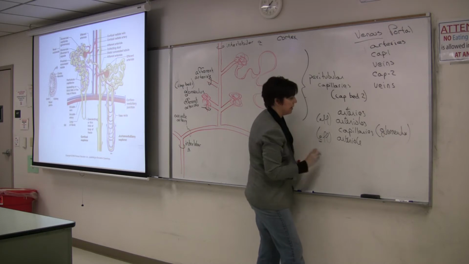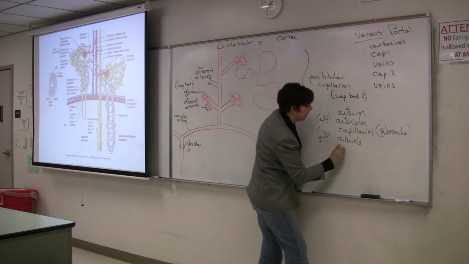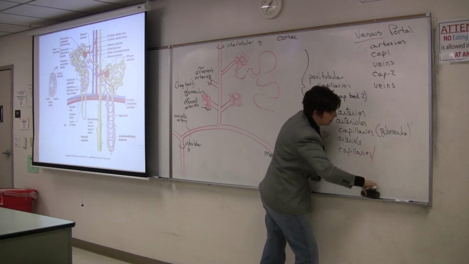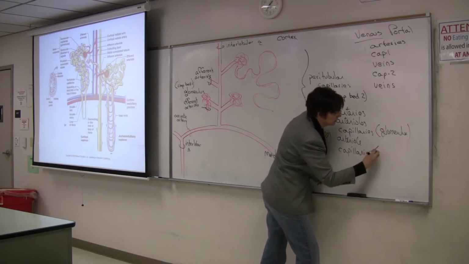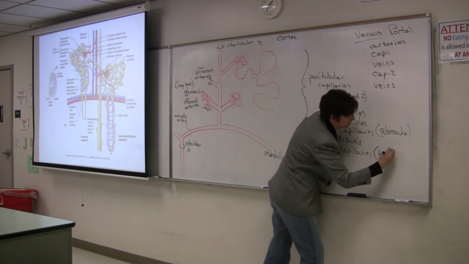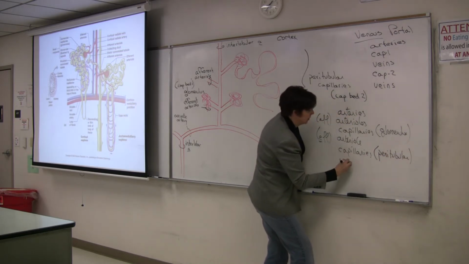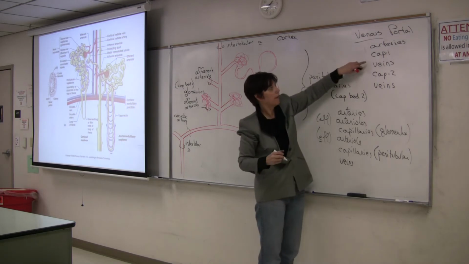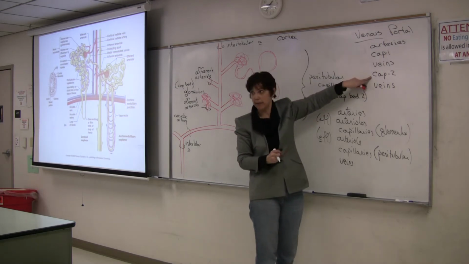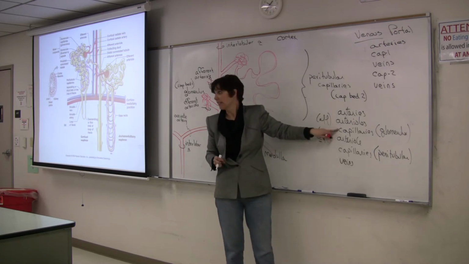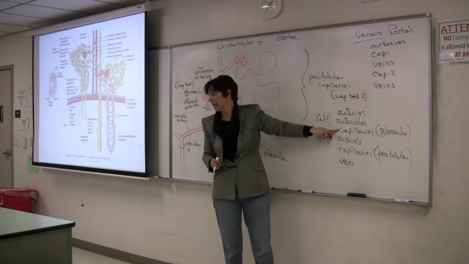Here would be the efferent. And then we have cap bed 2, which are the peritubular capillaries. And then we would go to veins. So here we have veins on either side of the second capillary bed. Here we have arterioles on either side of the first capillary bed. Okay.